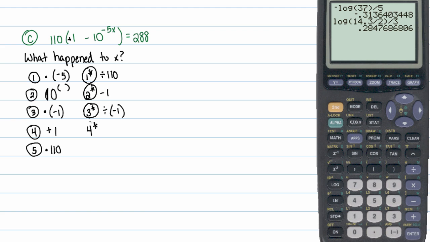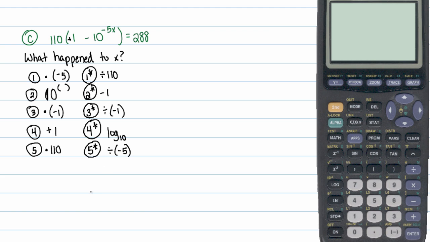Prior to that, they raised that business to base 10. Well, I know how to undo raising base 10. It's a log base 10. That's my dog, if you can hear my dog. Finally, to the first thing they did. They multiplied by negative 5. I'm going to divide by negative 5.